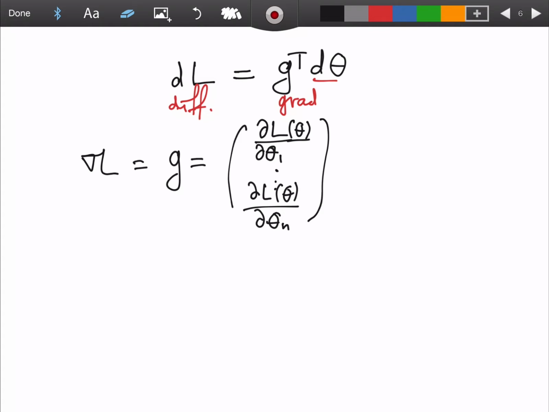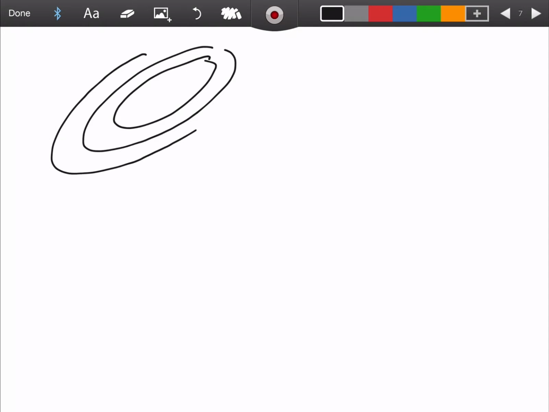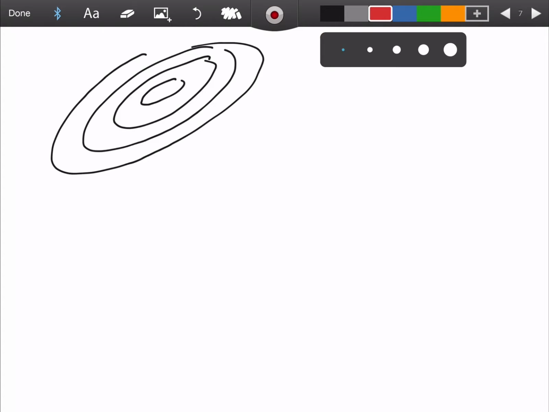Let me take our function. I can draw a two-dimensional function, a function of 2 arguments. These are the level lines of this function. Let me draw some direction. Let's take a point theta 0, and let's take a direction r.